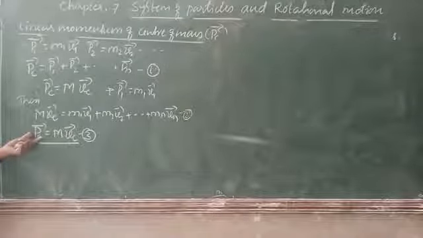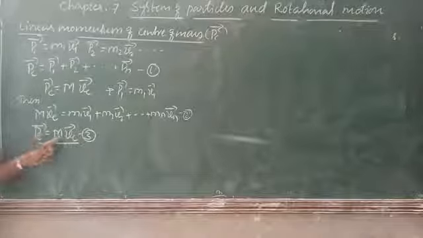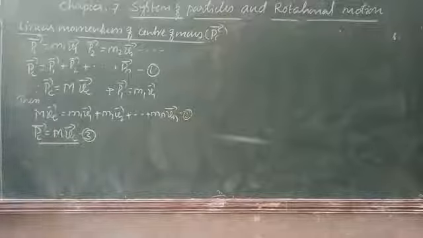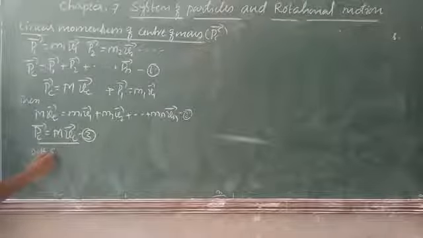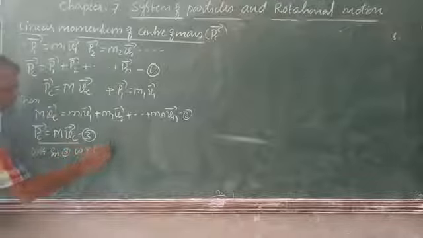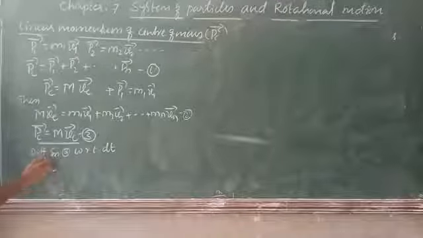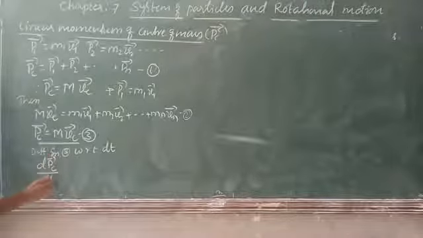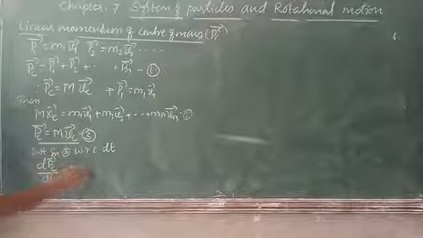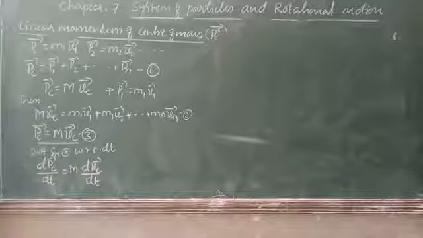The linear momentum of center of mass of a system of particles can be written as Pc is equal to m into Vc. Suppose we differentiate equation 3 with respect to t. Then we get dPc by dt, which is equal to m into dVc by dt.